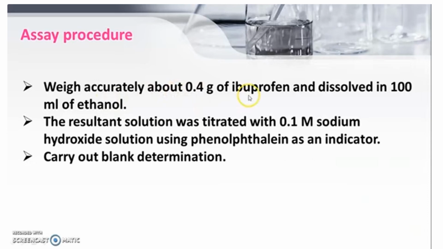Here, the blank determination means you titrate 100 ml of pure ethanol with the phenolphthalein indicator, shaking immediately, titrating with sodium hydroxide from the burette, and stopping once the pink color is observed.